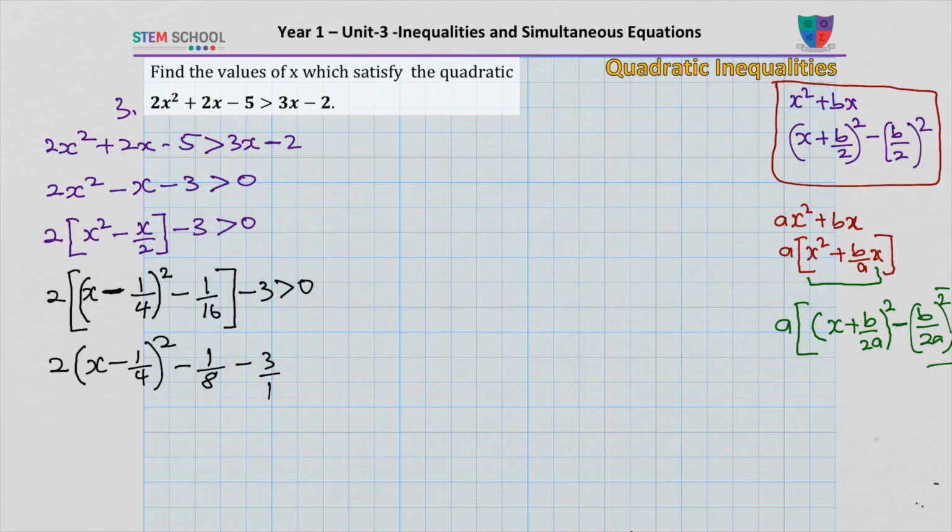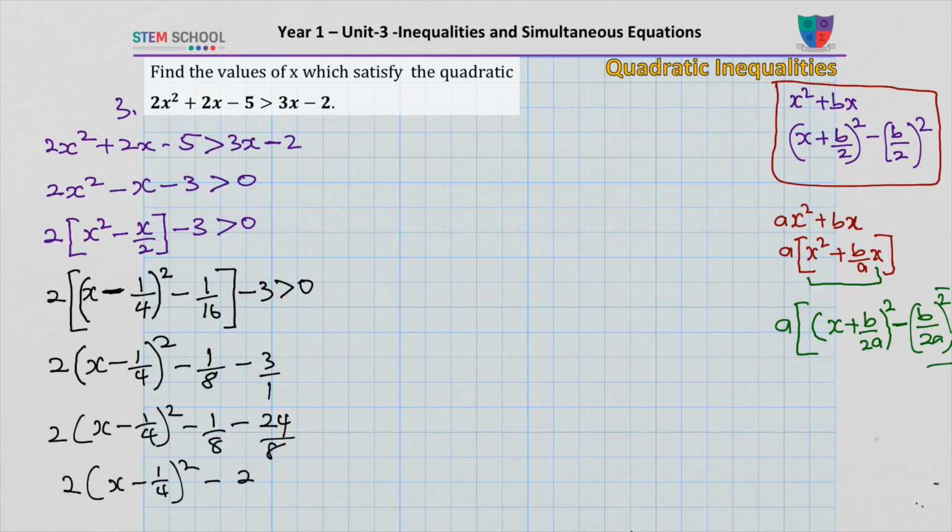And so I would get 2 into bracket x minus a quarter squared minus 1 over 8 minus 24 over 8. And then we get 2 into bracket x minus a quarter squared minus 25 over 8.